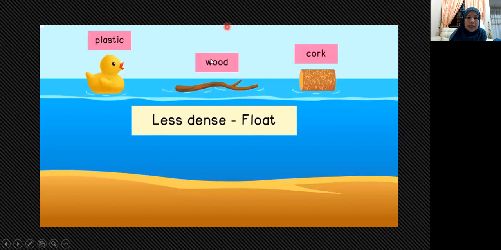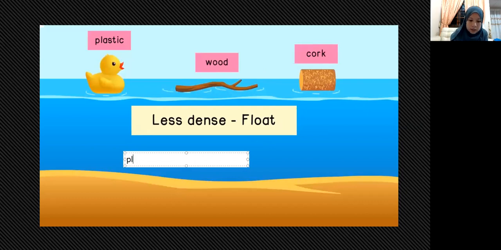So to complete the sentence, okay, look at here. Plastic, wood, and cork are less dense than water.